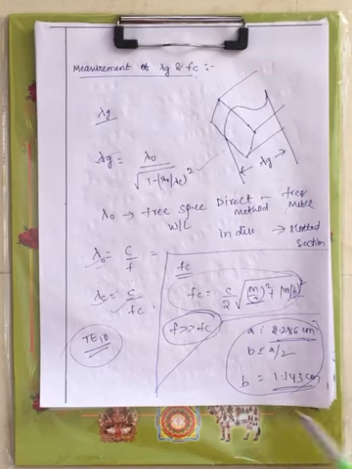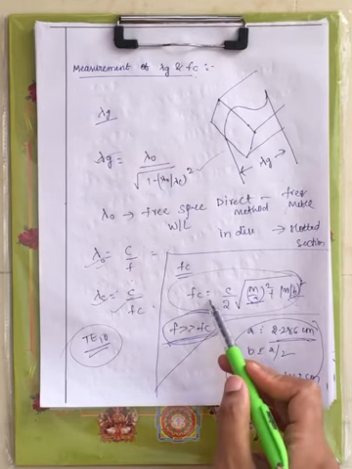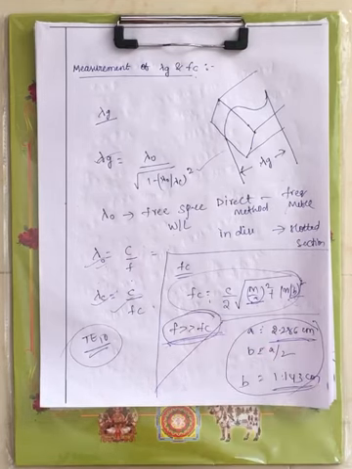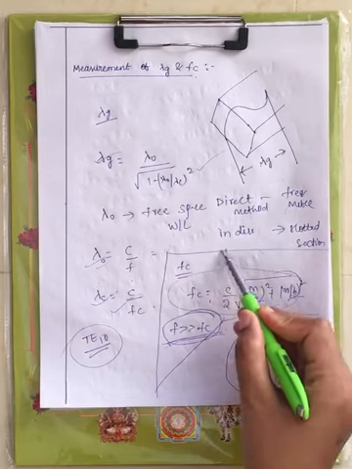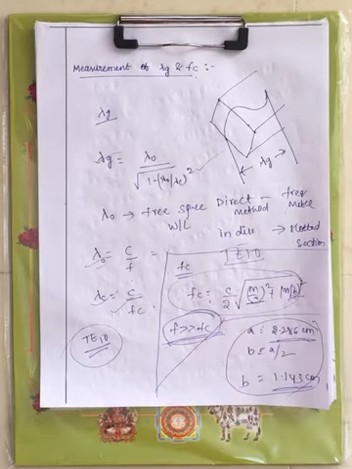It will allow the frequencies; the operating frequency should be greater than fc, otherwise it won't allow the signal to pass through it. The fc expression we have derived under rectangular waveguide, that is c by 2 under root of m by a whole square plus n by b whole square, right? The dominant mode of the rectangular waveguide is TE10 mode. What is the dominant mode? The mode which has the lowest cutoff frequency, right?